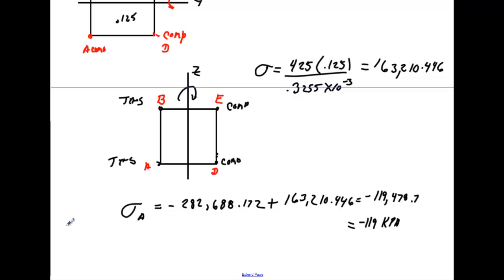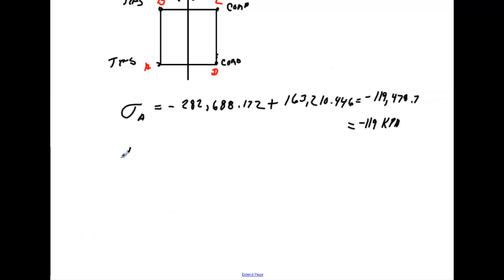Now we follow the same approach to find B, and we'll mark all these down: B, and then D, and the stress at D. Again, I think this is the best approach to do these problems. Solution manuals are a little bit different on this.